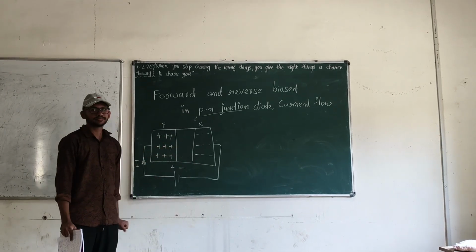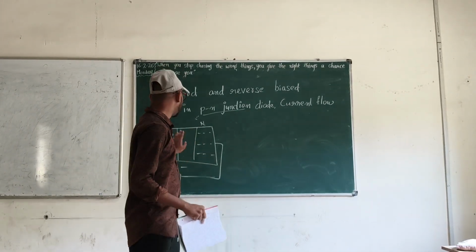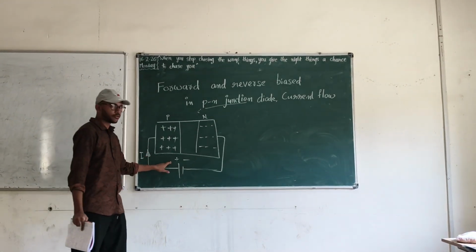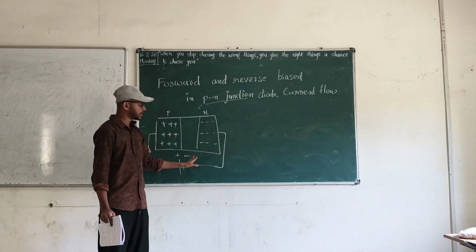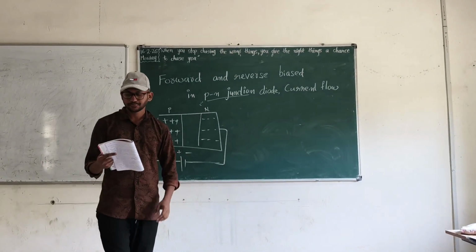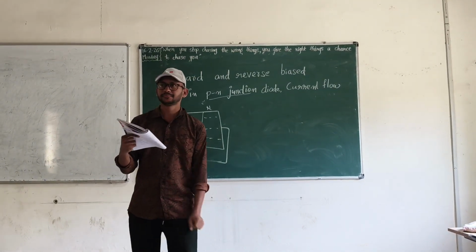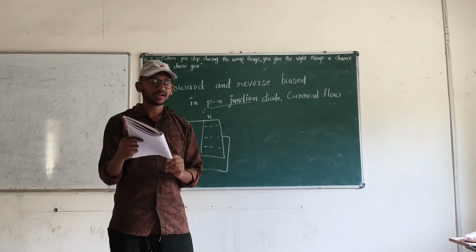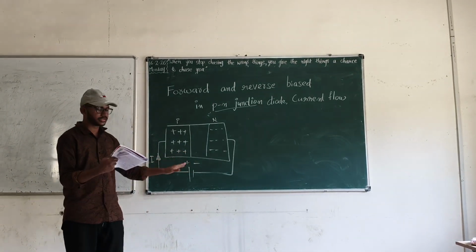A PN junction is said to be forward biased when the P type of the material is connected with the positive terminal of the battery and the N type of semiconductor is connected to the negative terminal of the external battery. In this forward biased condition, the external field is applied opposite to the internal electric field of this depletion region.